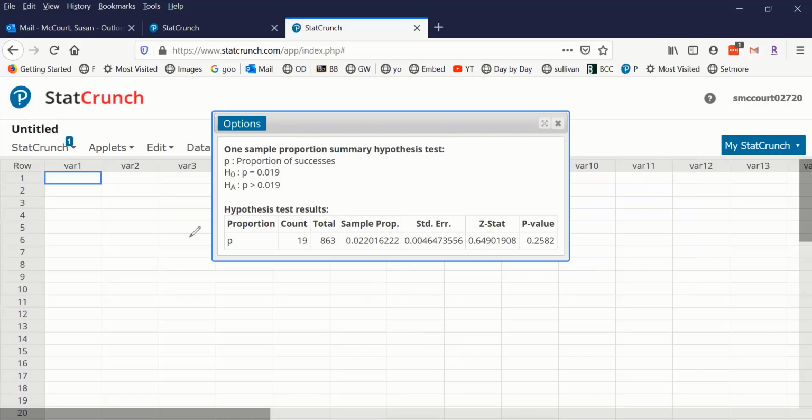And we are given our z-stat here. This is called your test statistic. And our p-value of 0.2582. So if you look in step 5 on the sheet, those are the numbers we need to write in.